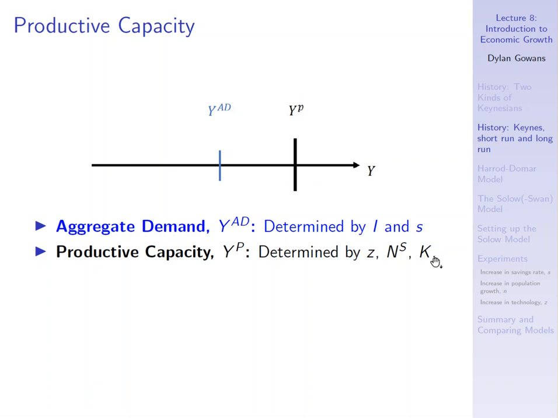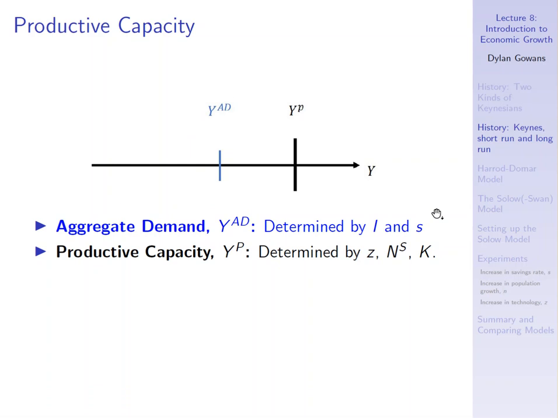It's going to be determined by our usual production function. So it's determined by the total amount of labor there is to supply in the economy, the total amount of capital, and the technology we have. Meanwhile, YAD, aggregate demand, everything that's demanded, is determined by I and S in the way we saw before.